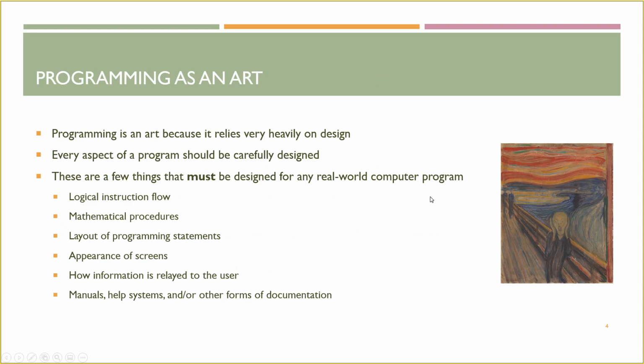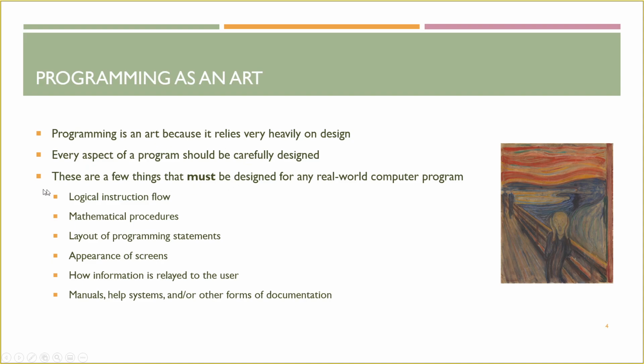So how is programming like an art? Well, we've discussed algorithms, we've discussed flowcharts, logic, all that stuff. There's a lot of design that goes into programming, and all of that design makes programming a sort of art. Every aspect of your program, like it says here, should be carefully designed.